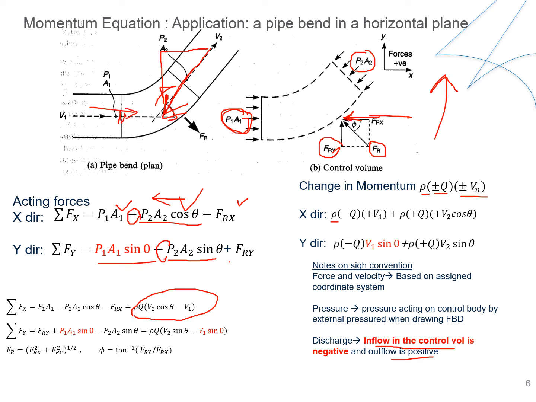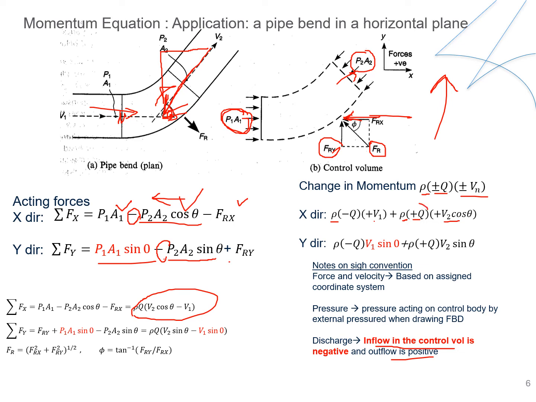So rho minus Q times V1, and at this section this is outflow, so rho positive Q times V2 cos theta, right? So you need to have this horizontal component, which is V2 cos theta.